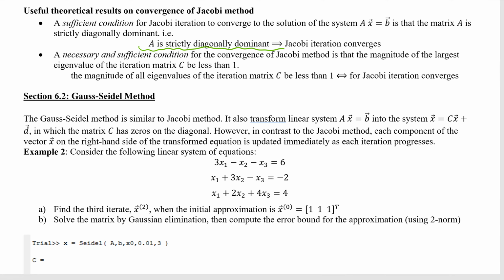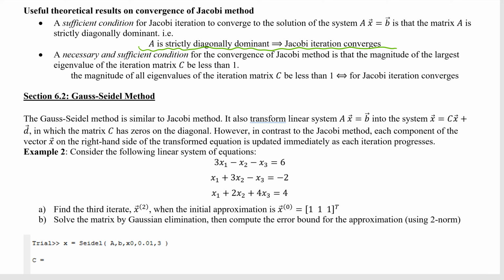Do you remember in chapter 3, we talked about strictly diagonally dominant and symmetric positive definite, SDD and SPD, right? Strictly diagonally dominant means that in each row, the absolute value of the diagonal element is greater than the sum of the absolute values of the other entries in that row.